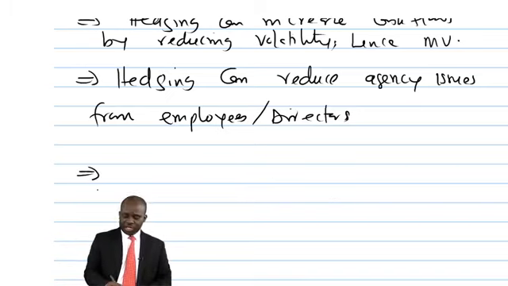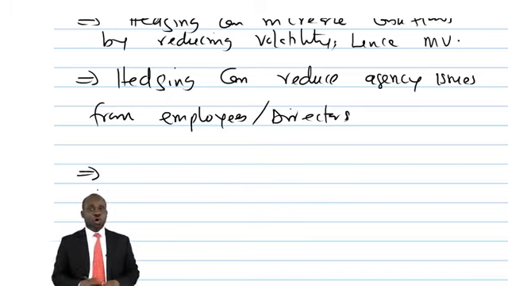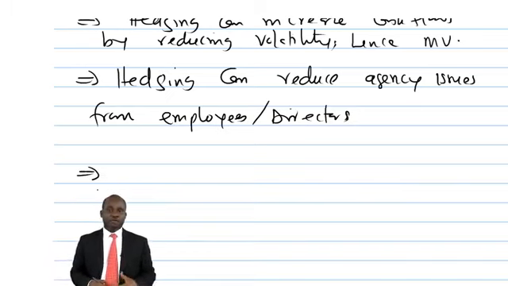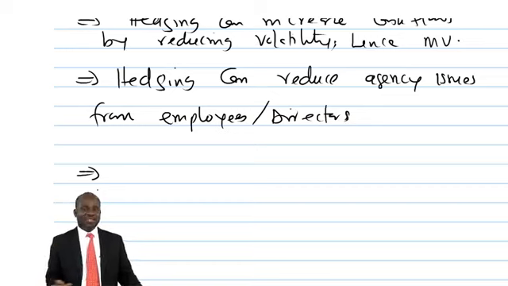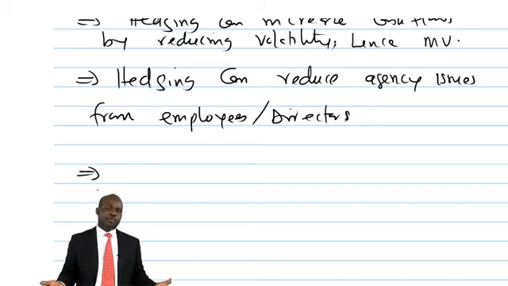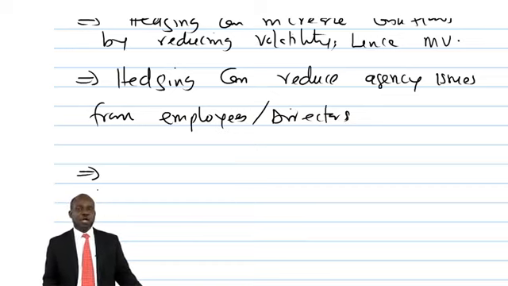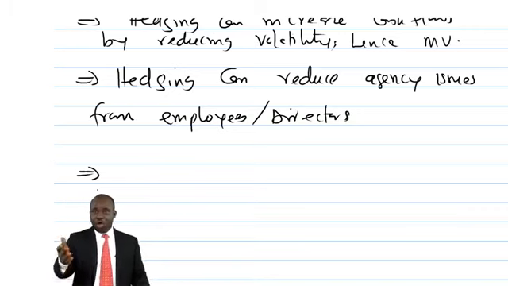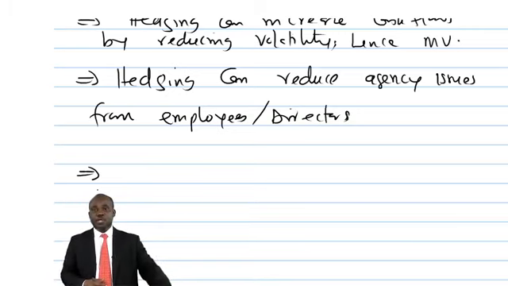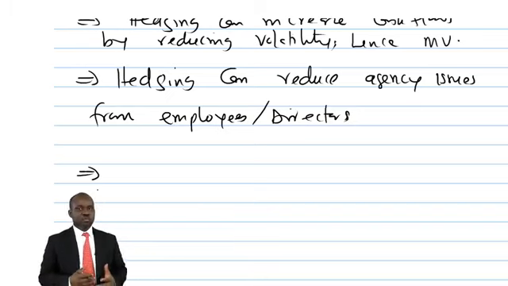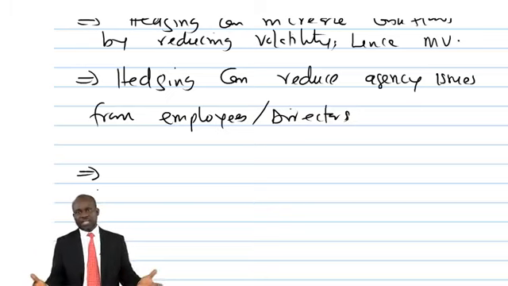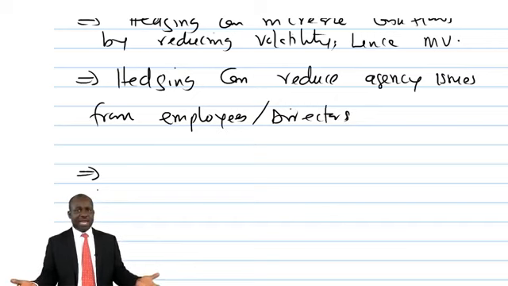Next, hedging can also reduce conflict of interest for the debt holders, because if you are going to give a company debt, you should be worried about risk. So if the company is not coming out with any risk measure, obviously you are going to give them restrictive covenants. But if they are taking steps to manage risk as a result of the hedging, the restrictive covenants will be less, isn't it?